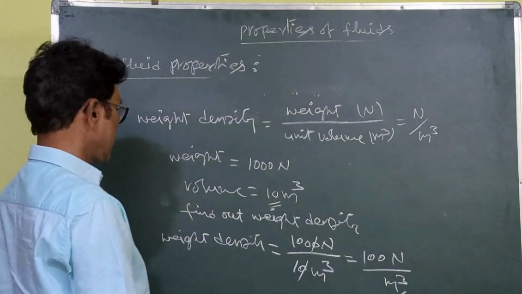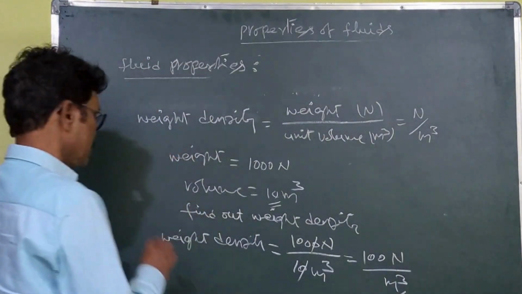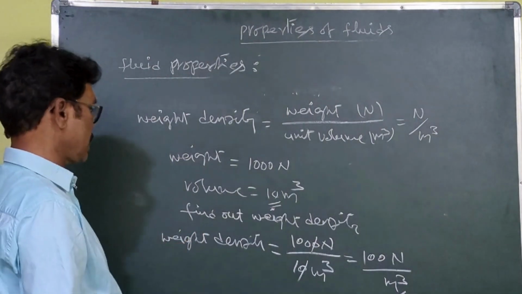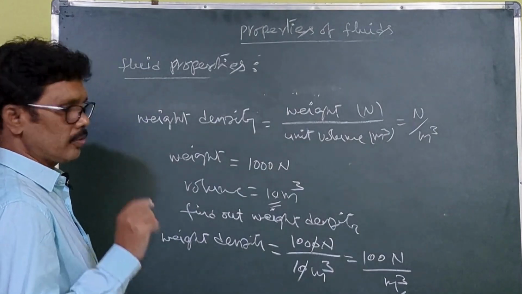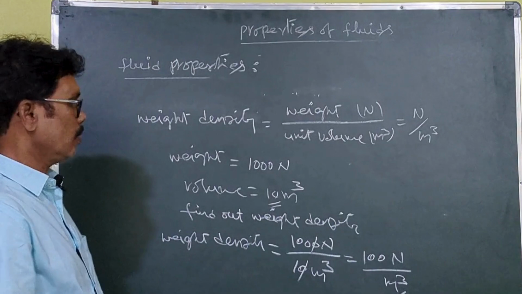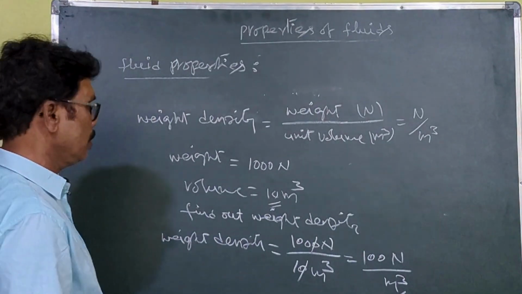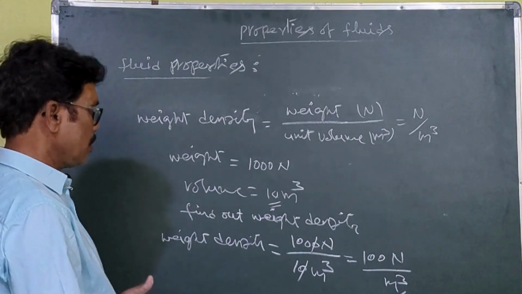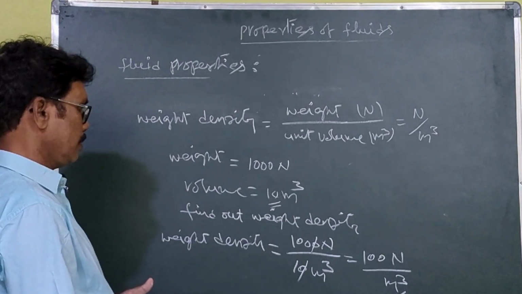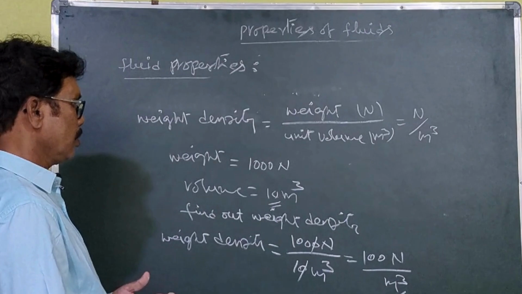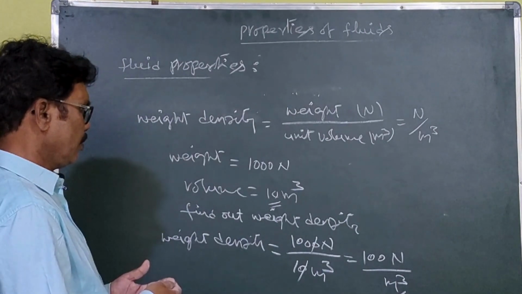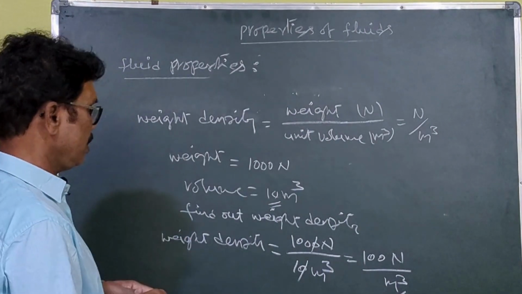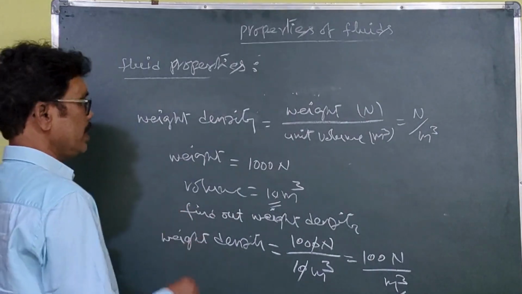So what we can understand here is that density is expressed per 1 meter cube unit volume. In 1 unit volume, what is the quantity of weight of fluid that can be accommodated, that is the meaning.